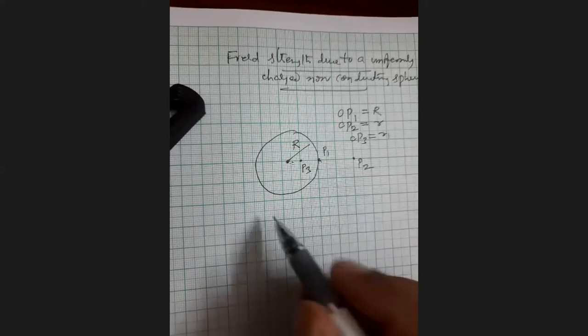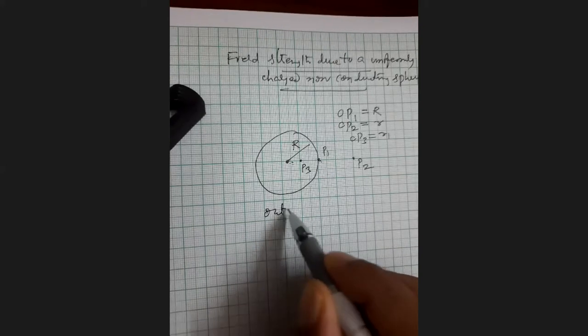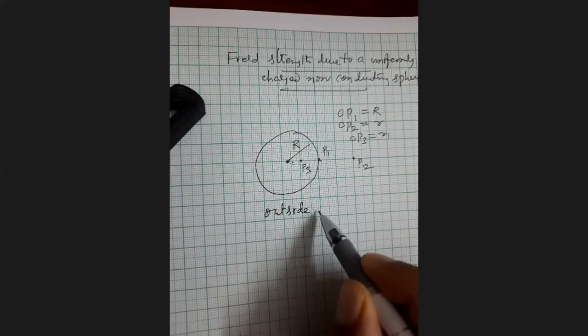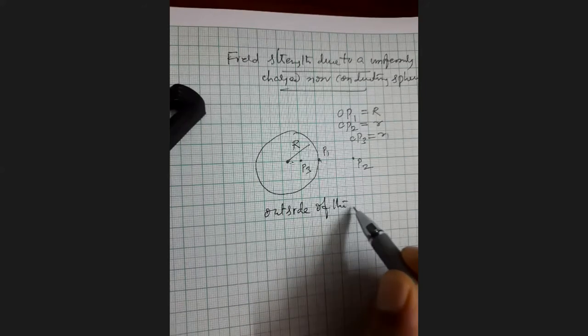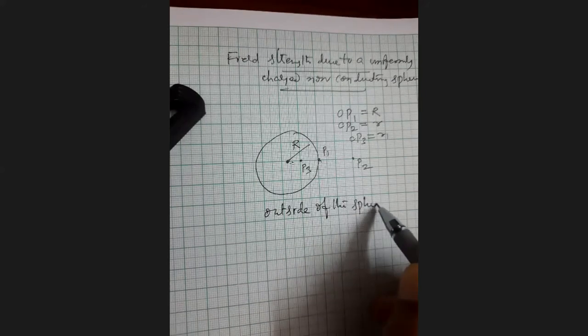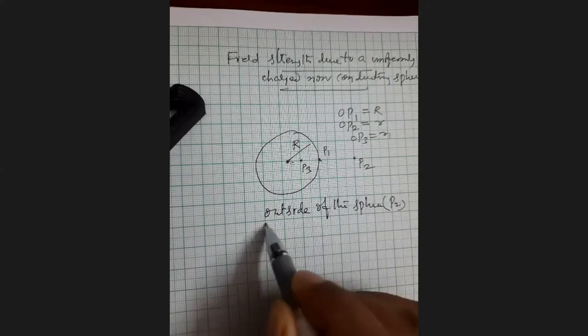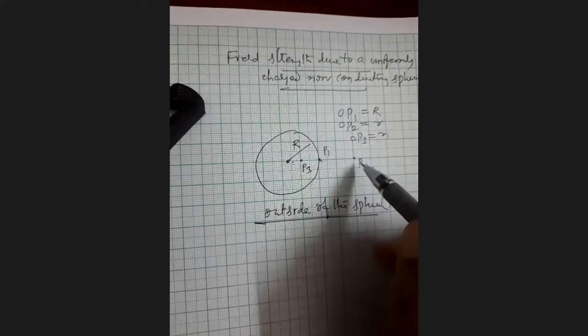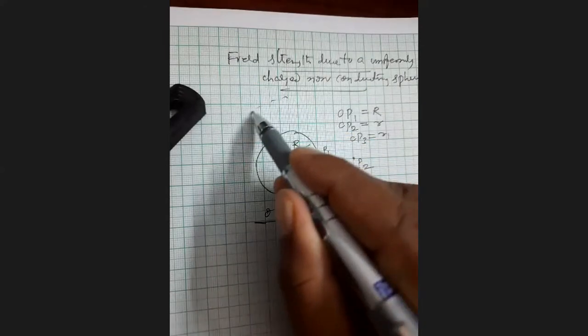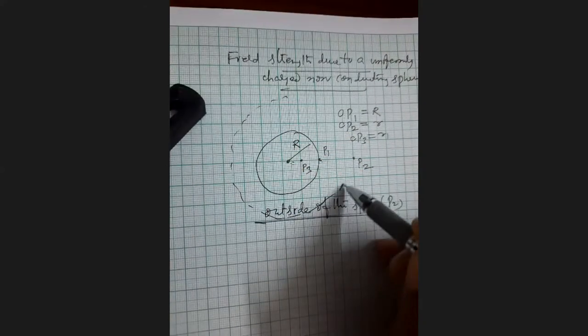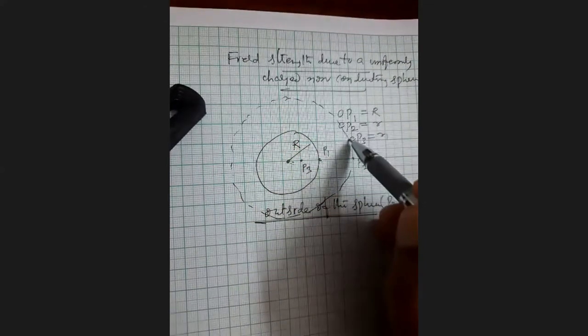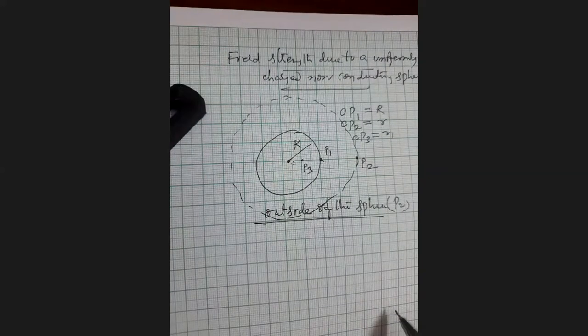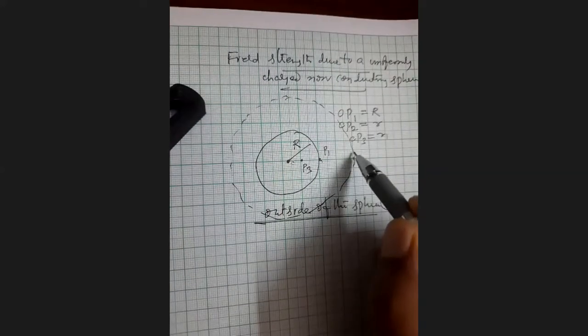First, consider a point outside of the sphere, that is P2. For that, you construct the Gaussian surface which is passing through this point P2, where the point P2 is on the Gaussian surface.